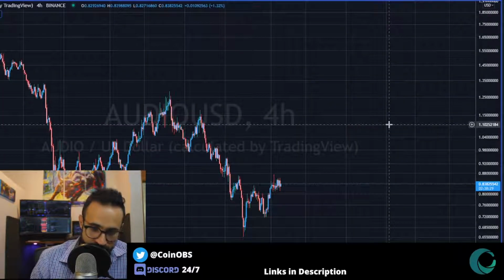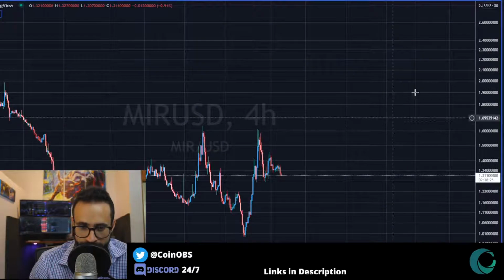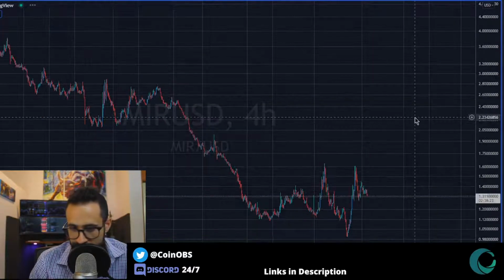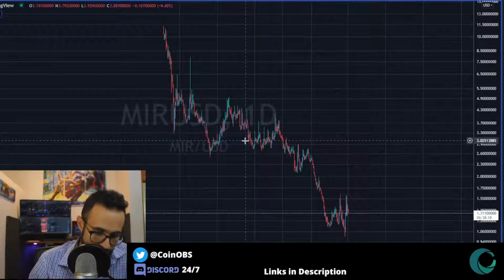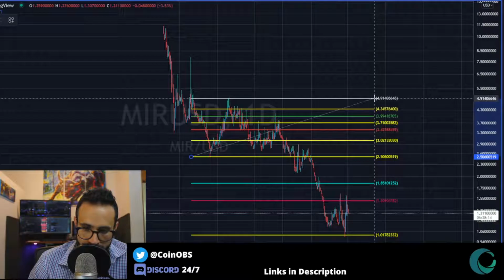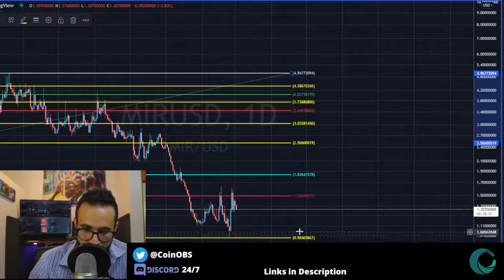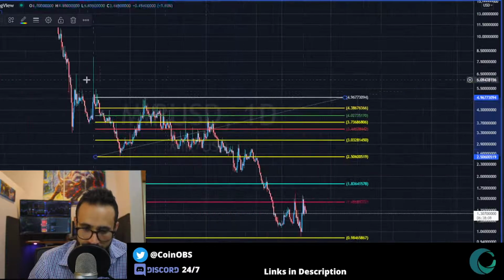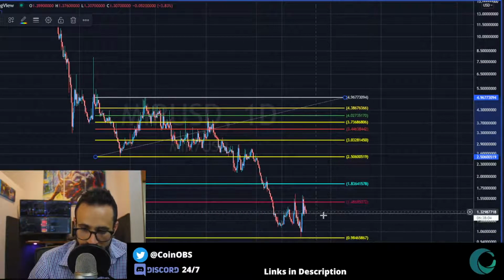MIR USD. Jeez, man, beat down chart. Super down extended. I mean, you can see where it got bottom, right? If you had mentioned this a few weeks ago, I would have been long at 98.